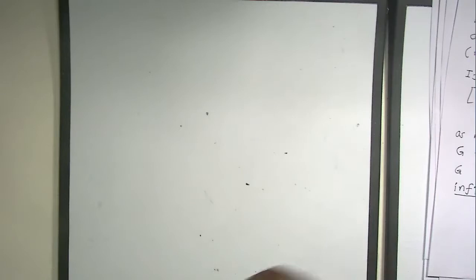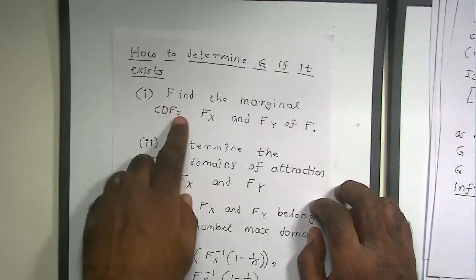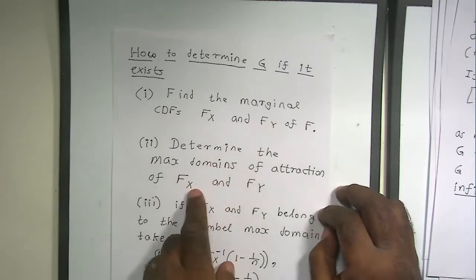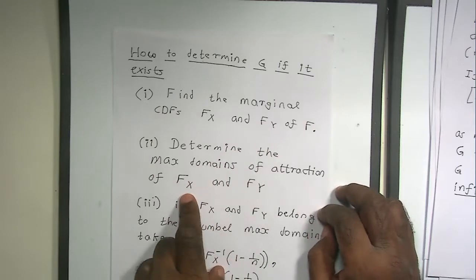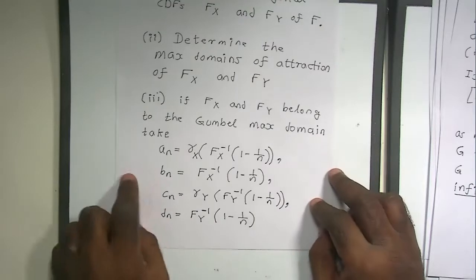And then I showed you how to. There is a four-step procedure that you can use to determine the g if it exists. Right. The first step is to find the marginal CDFs. Second step is to find the max domain of attractions. The third step is to find A_n and B_n and C_n and D_n.